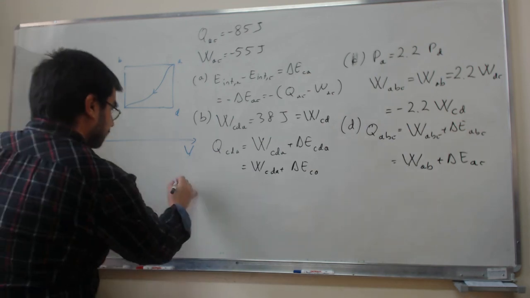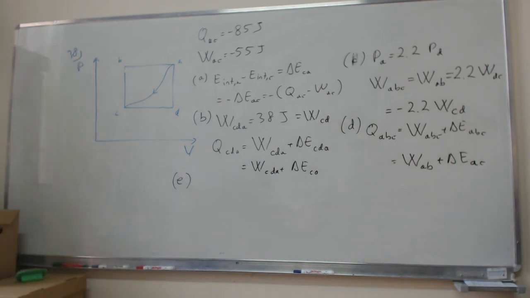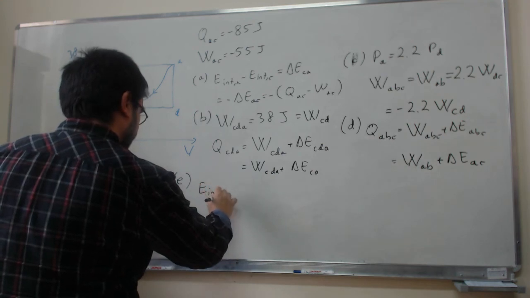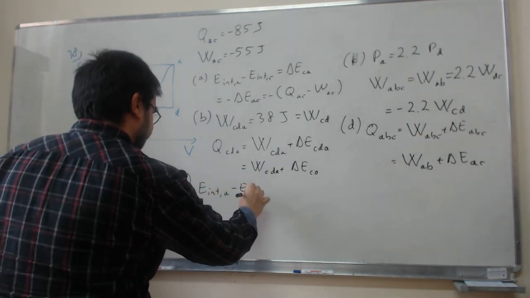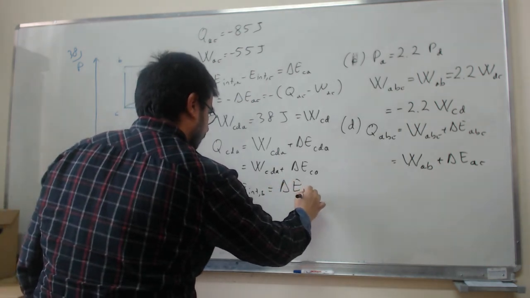So for part E, if E int A minus E int B is 15 joules, what's Q for the process BC? And then they give you a very helpful summary. So this is E int A minus E int B, which we now know is delta E BA, right?